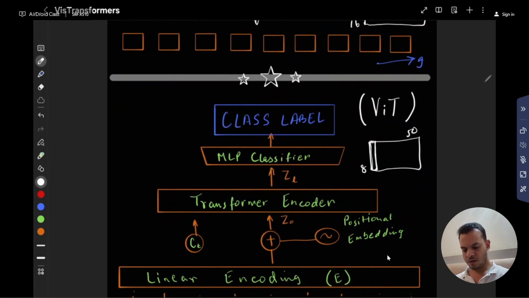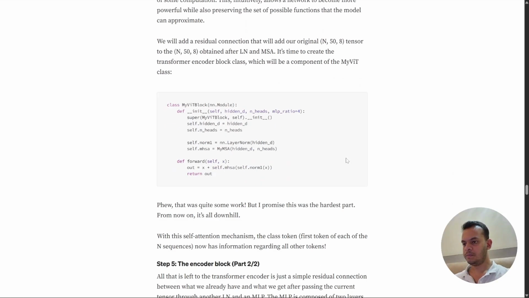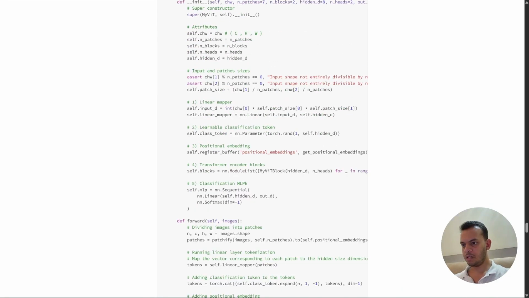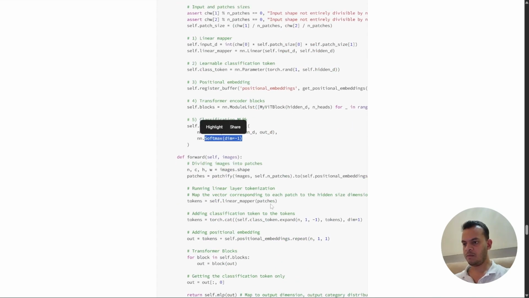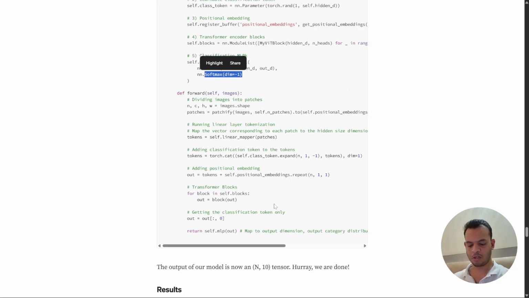Now, for finding the class label, what we do is extract this class token and pass it through a softmax function to finally have our class label. If you see here, after the MLP, it's softmaxed, and what we get out is the logits which belong to each of the classes. So that's how the vision transformer works. I hope I was able to explain it clearly to you guys.